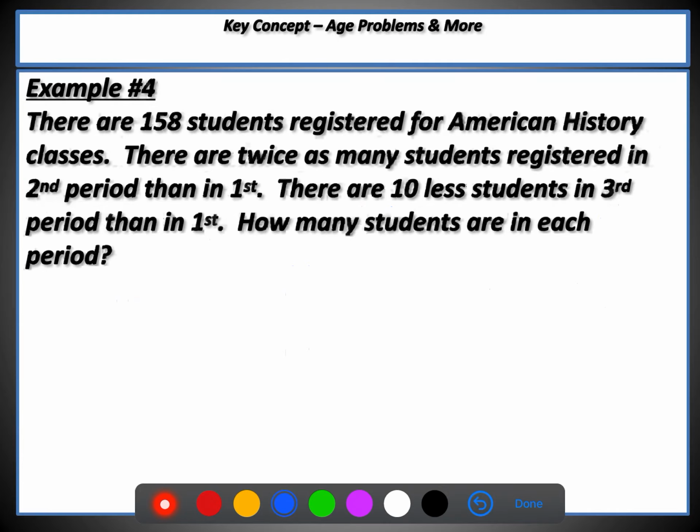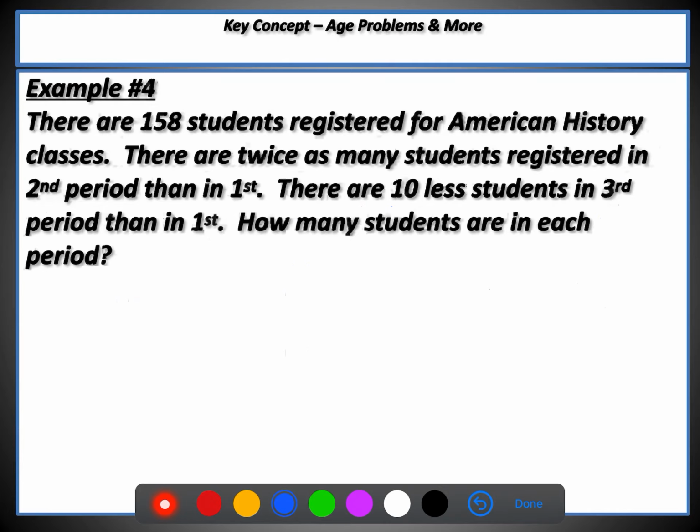All right. So doesn't look like I see people for ages, but still kind of like an age problem. So we're going to figure out the comparison here. There's 148 students registered for American history classes. There are twice as many students registered in second period than in first.